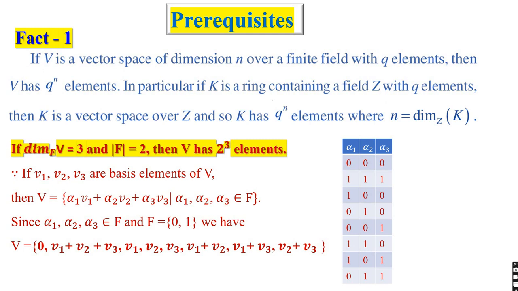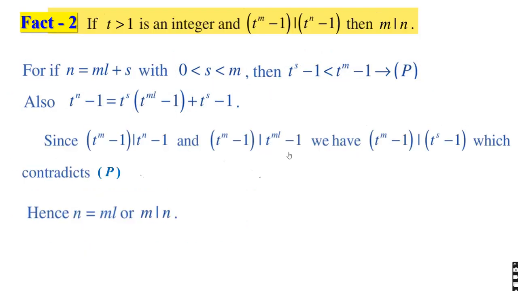So K can definitely be regarded as a vector space over that Z. So we can now regard it to be a finite dimensional vector space with dimension n, which means by the above discussion we can have K with q^n elements.